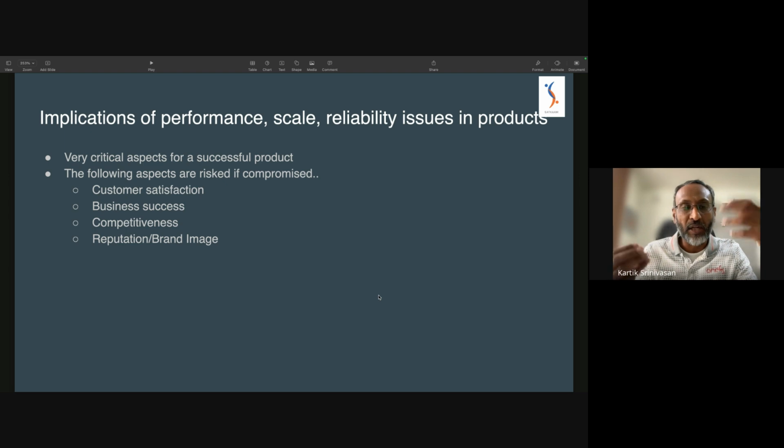And things don't happen. Imagine one fine day, let's say we didn't even think about performance, scale, and reliability of the Aadhaar system, and imagine the kind of problems that can happen if the performance, scale, and reliability requirements of the Aadhaar system are not very clearly outlined somewhere.